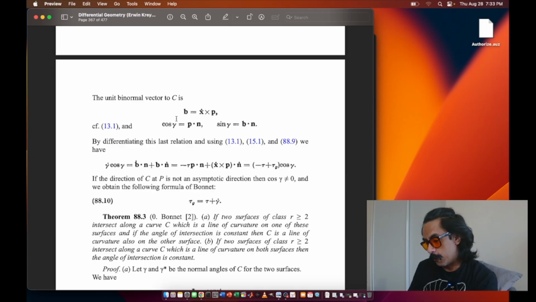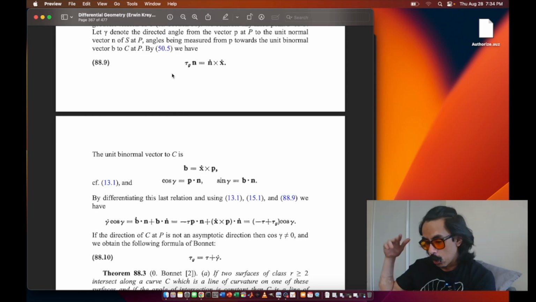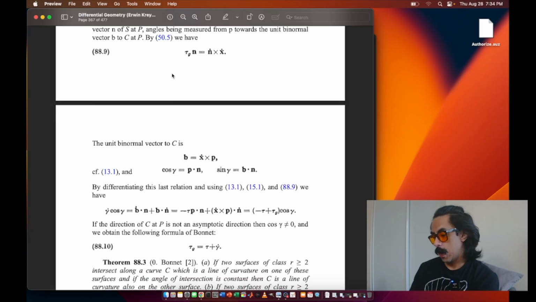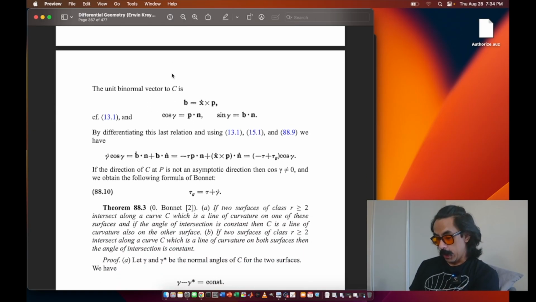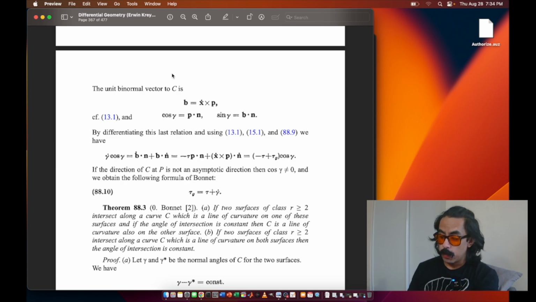Sine of lowercase gamma is equal to vector b dot vector n. By differentiating this last relation and using relations from earlier sections in the theory of curves chapter and expression 88.9, which is that torsion times the normal vector equals the cross product of n dot and x dot, we finally have gamma dot times cosine of gamma equal to vector b scalar product with vector n dot plus vector b dot scalar product with vector n, which is then equal to negative tau times the scalar product of vector p with vector n plus the quantity where we have the vector x dot cross product with the vector p, with the result scalar product with the vector n dot.